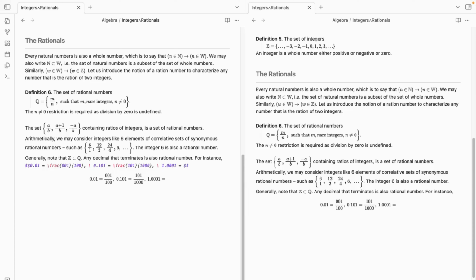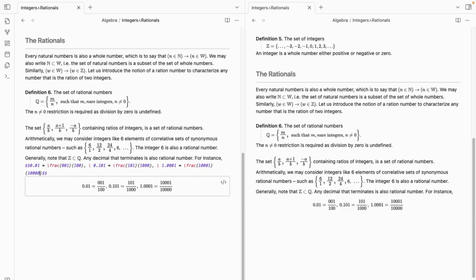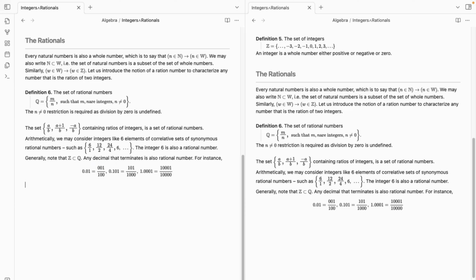That also may be expressed as the ratio of two integers, namely 10,001 over 10,000. So as we can see, all of these terminating decimals may be expressed as the ratio of two integers. Great.